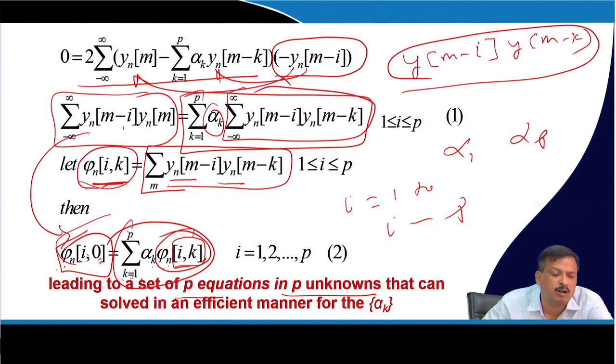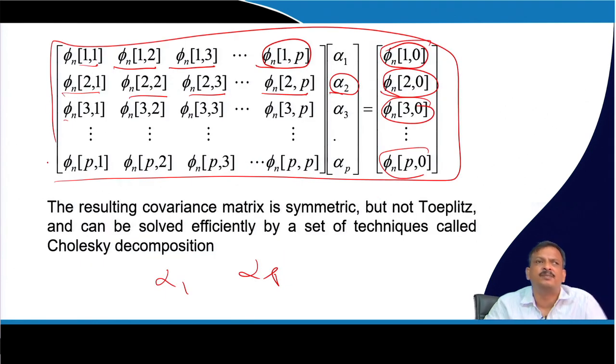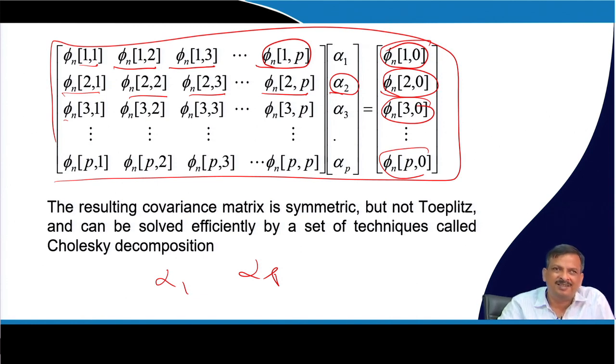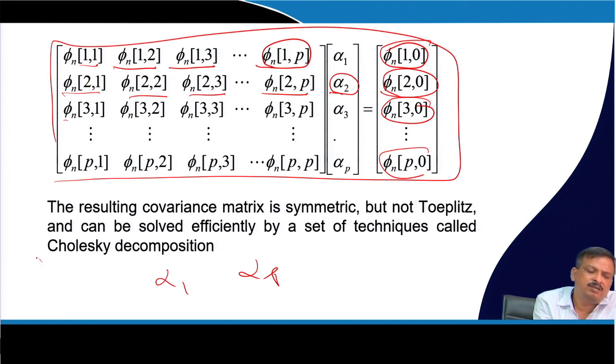That's why it is called the covariance matrix. Understand? So this covariance matrix is symmetric but not Toeplitz, it is not that, and it can be solved using Cholesky decomposition. So this is a matrix solution.